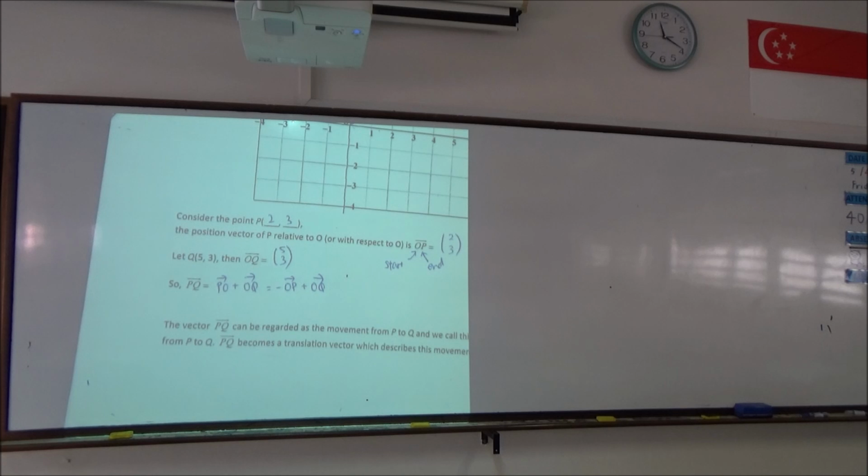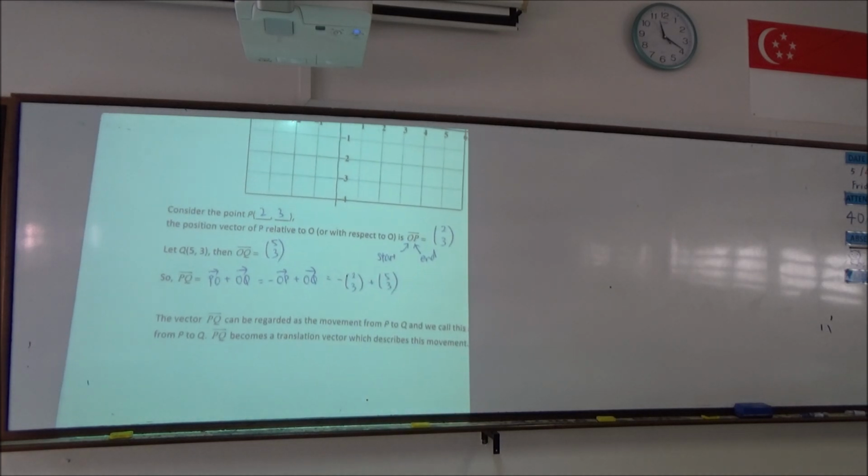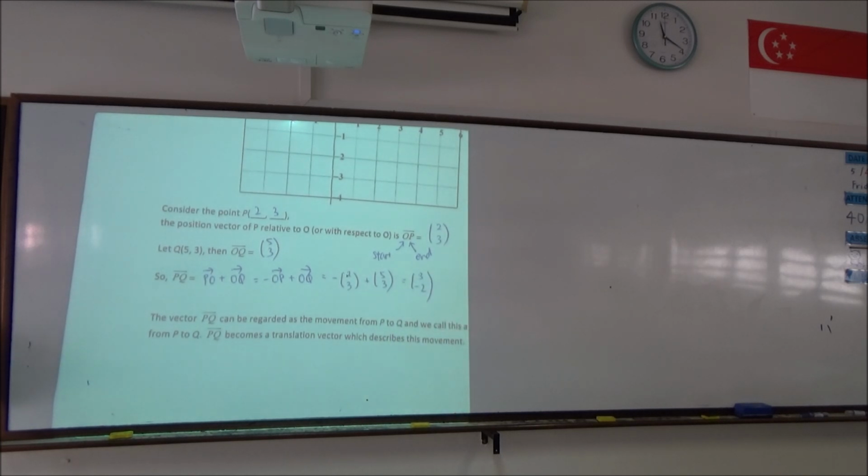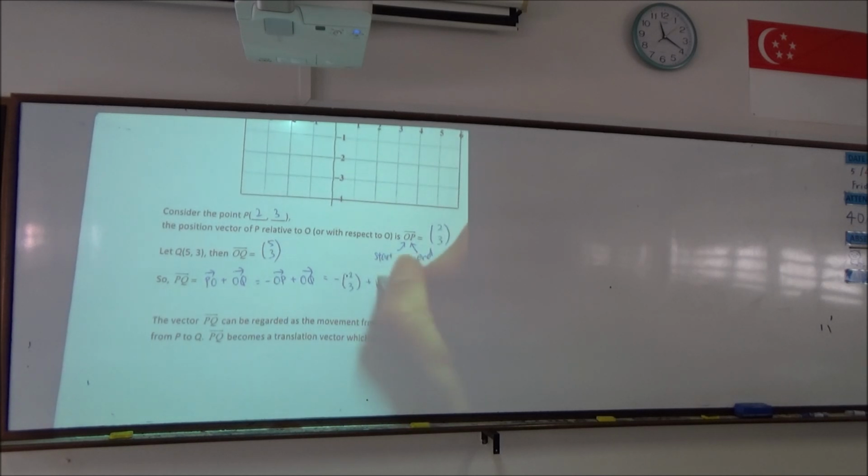Negative OP, we know OP is actually 2, 3, so that's negative 2, negative 3, and then OQ will be 5, 3. So this sum will give us 3, negative 2. Sorry, am I doing this right? Wait, OP is 2, 3 and OQ is 5, 3.